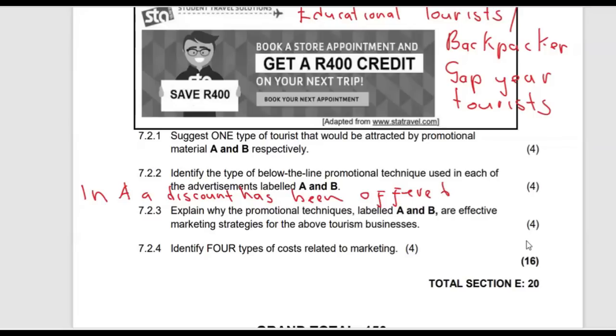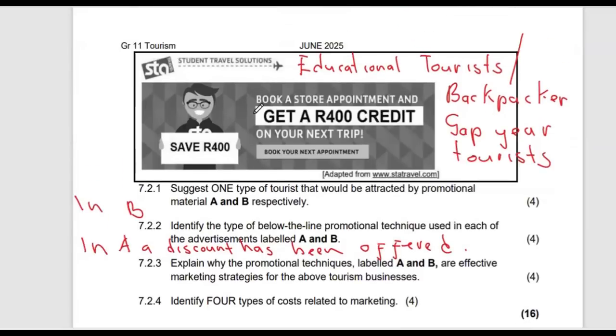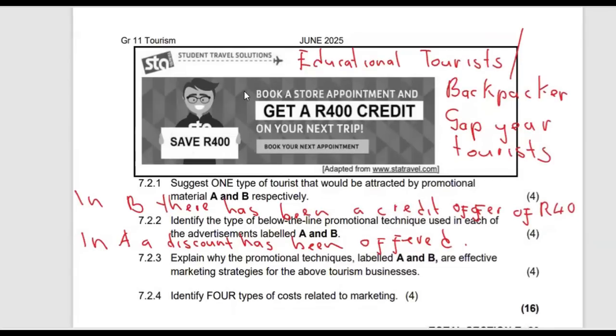A discount has been offered in A. Then in B, there is a credit facility, a credit offer of 400. So these are the two techniques which have been used here. The first one has been given a discount. Then the second one offers you a free credit facility.